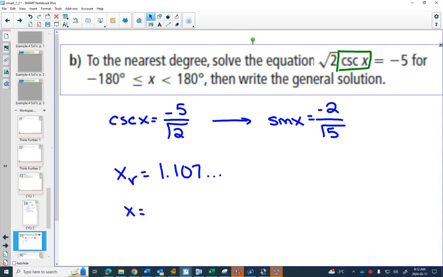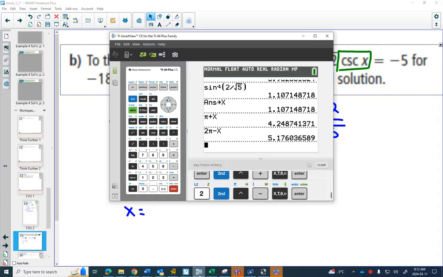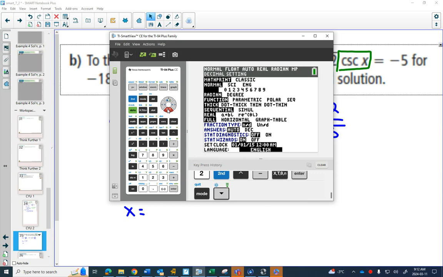This is going to happen to you sometimes as well. You're going to be in the mode, and notice how I was just solving, and now I realize things are in degrees. So I'm going to have to go back to my calculator, go to my mode button, change it to degrees, and refigure out my reference angle.